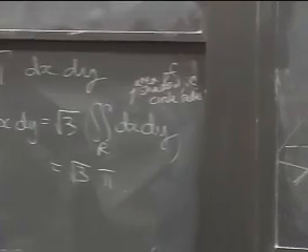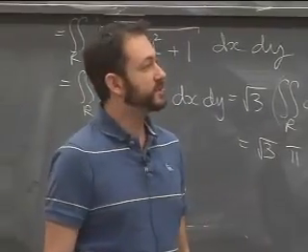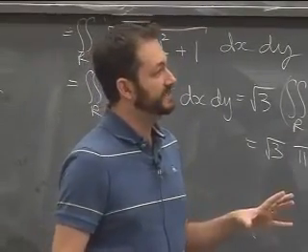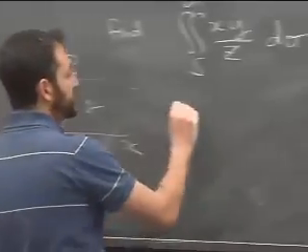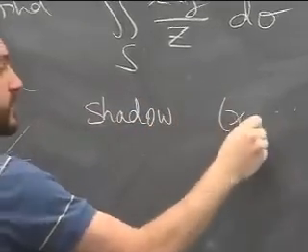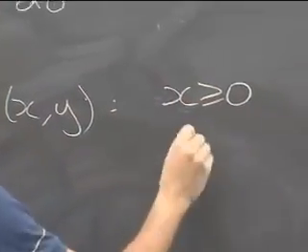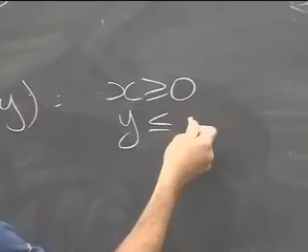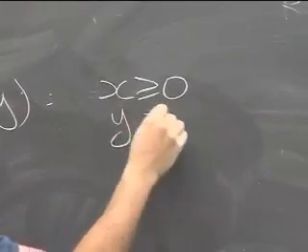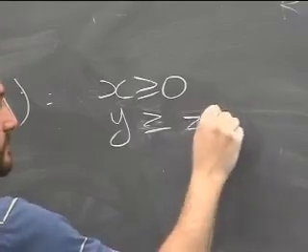Well, how are we going to find the shadow region? We need the points x and y. So for the shadow first, we need to find the points x, y satisfying x greater than or equal to 0 and y greater than or equal to z. But z is x squared plus y squared.